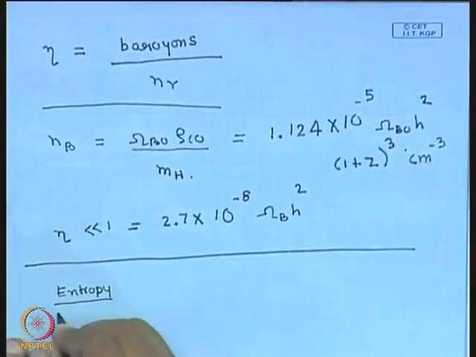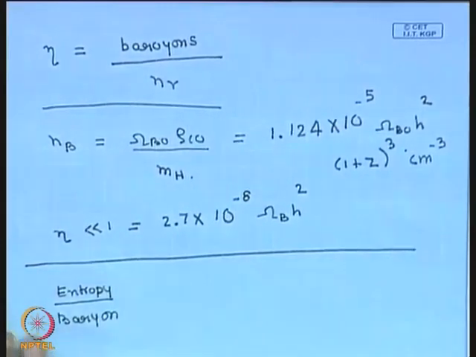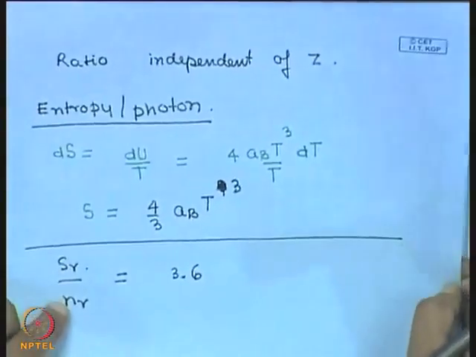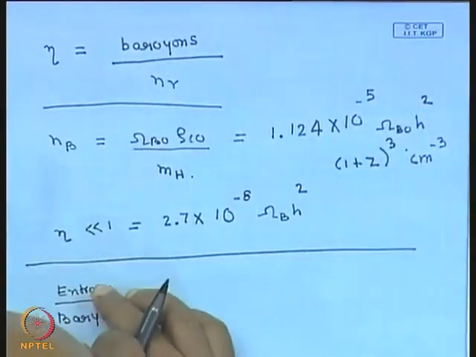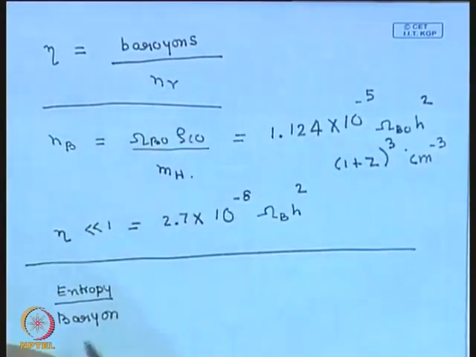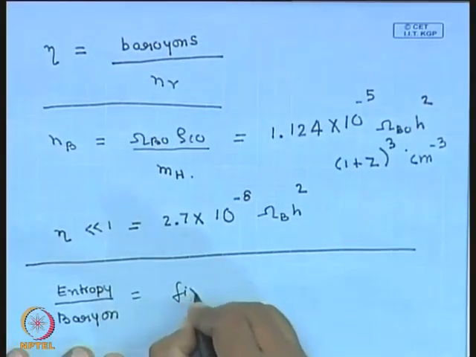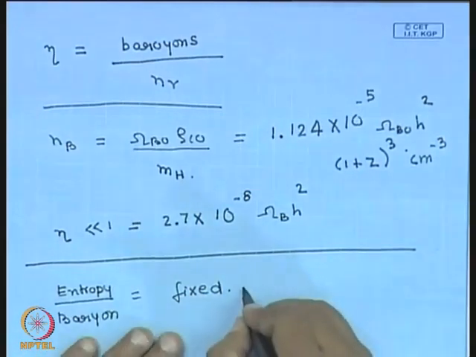And the entropy per baryon, this ratio, see the ratio of entropy per photon is fixed, and the ratio of number density of baryons to number density of photons also is fixed. So the entropy per baryon is also fixed, independent of redshift, all the way to very high redshifts.